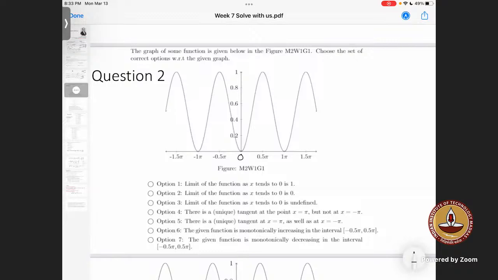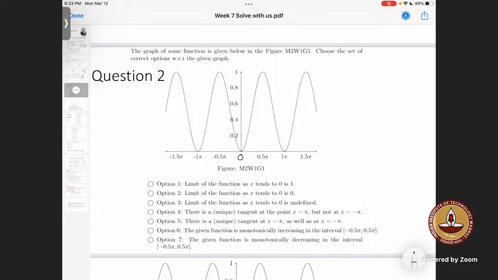Sir, for a sine graph, it should also go below the x-axis, but it is above the x-axis. That's why I said that option 1 is not correct.